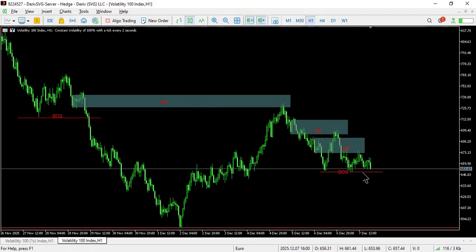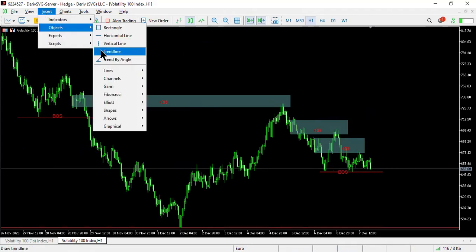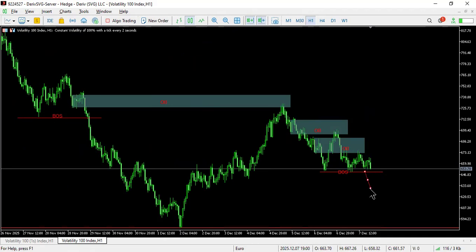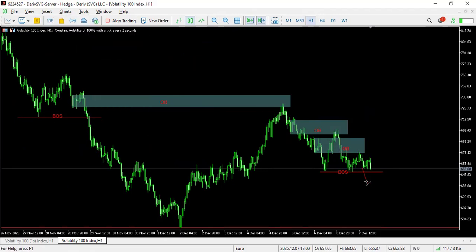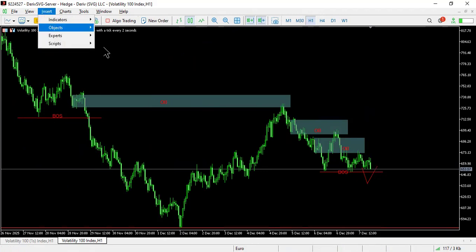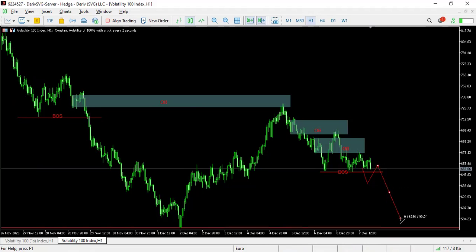And then when price decides to break that low, I'm going to wait for a break of structure and then a retracement or a retest of that order block for price to mitigate the order block. And then we can still catch a move to the downside because our take profit is going to be at this level.